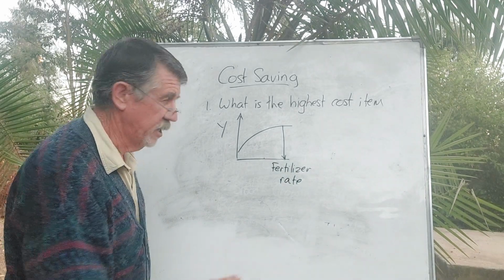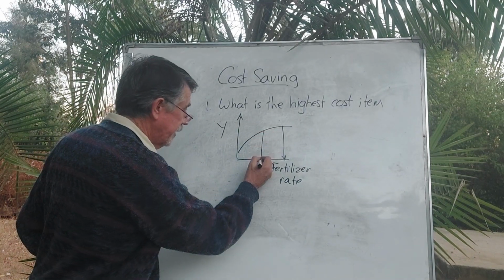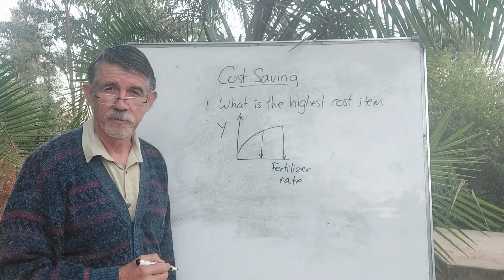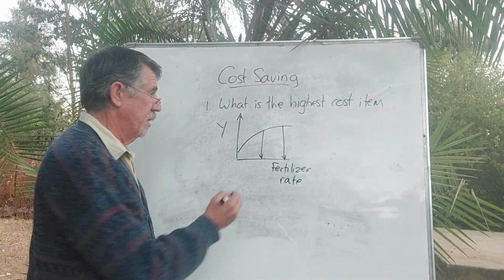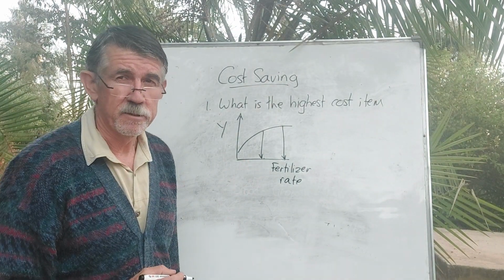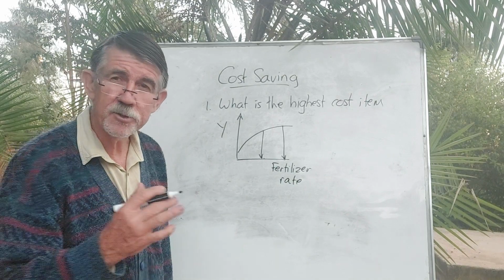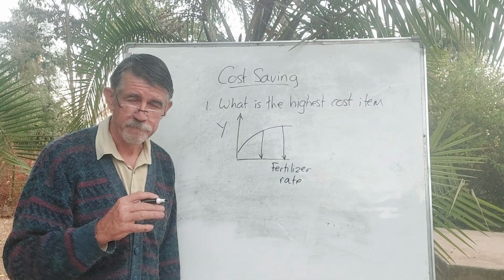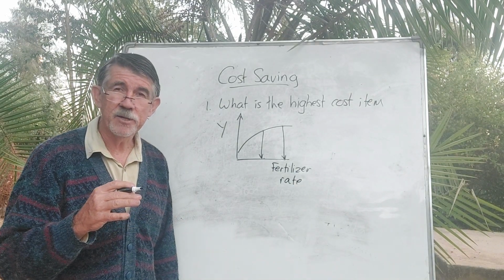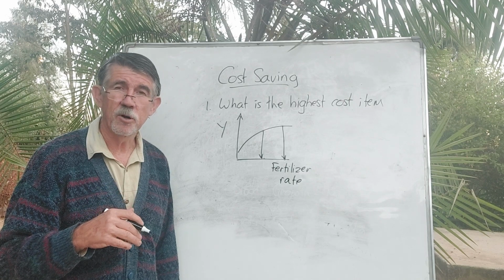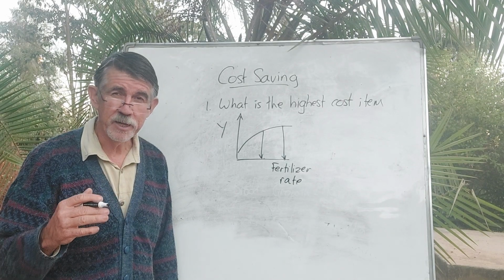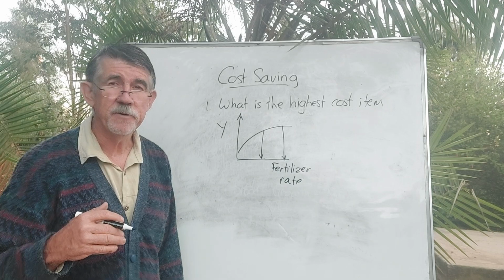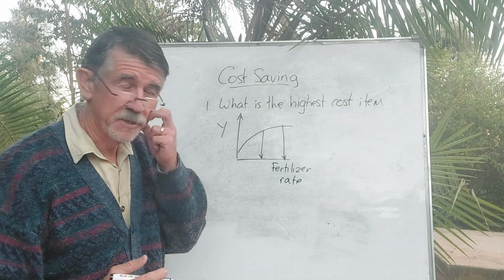So what would happen if we cut our fertilizer in half? What would happen? You're not going to halve your yield in most cases. You might reduce your yield somewhat, and it might not impact your overall operation that much. And in fact, you might even make more profit at the end of the day.